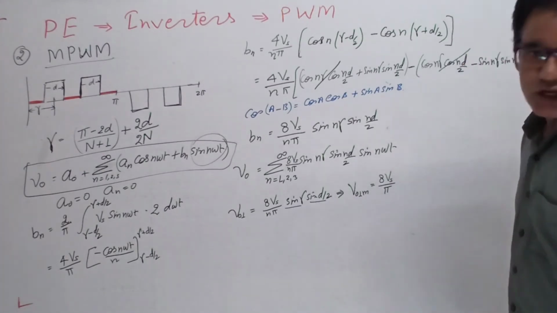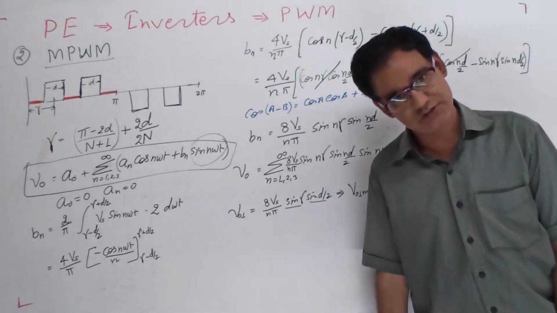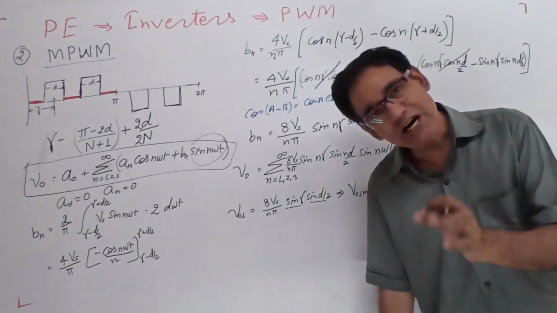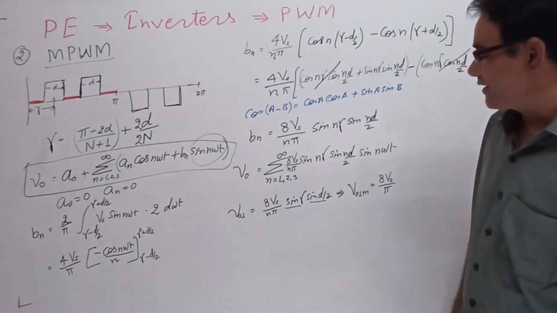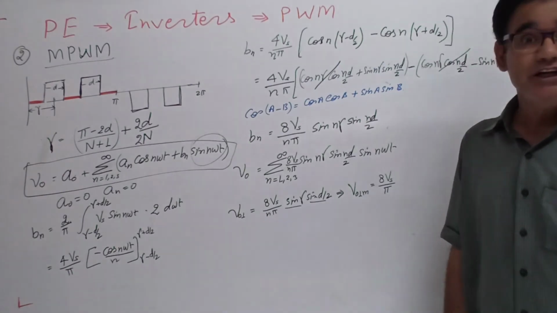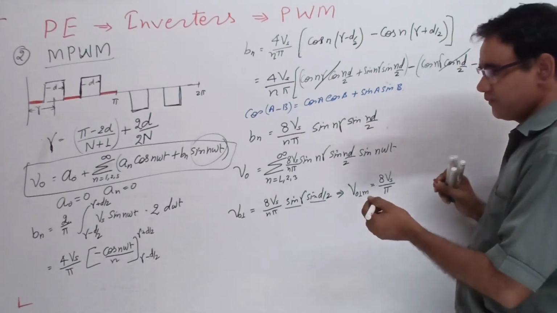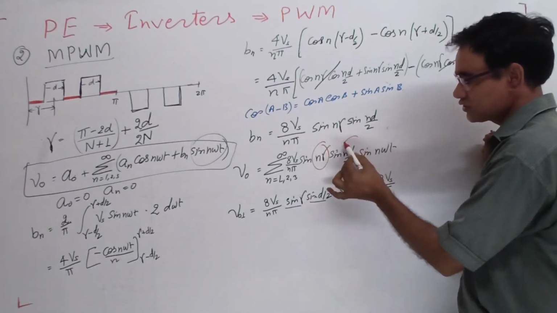Clear. Now we can eliminate any particular harmonic. How can we eliminate it?